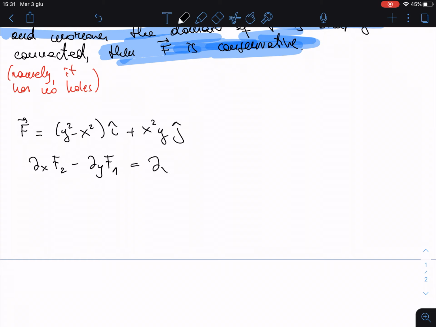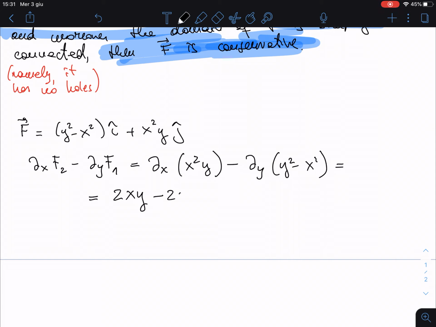This is dx of x squared y minus dy of y squared minus x squared. This is equal to 2xy minus 2y, and this is different from 0, so F is not conservative.